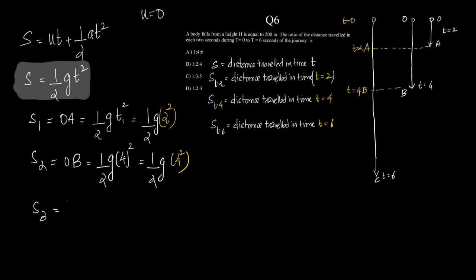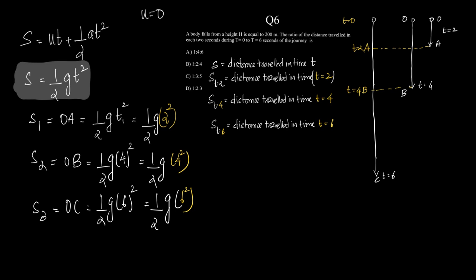So S3 is equal to OC is equal to half into g into how long was the body in the air for? 6 seconds. So this is 6 square, which is equal to half into g into 6 square. Okay.